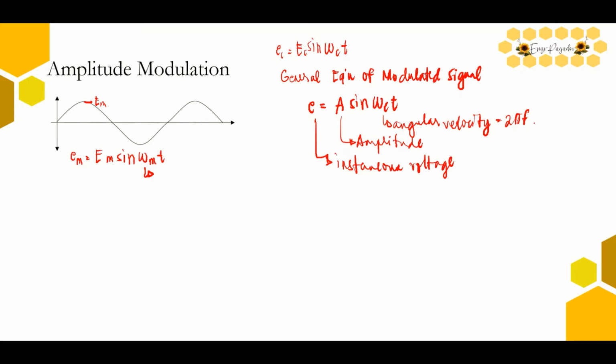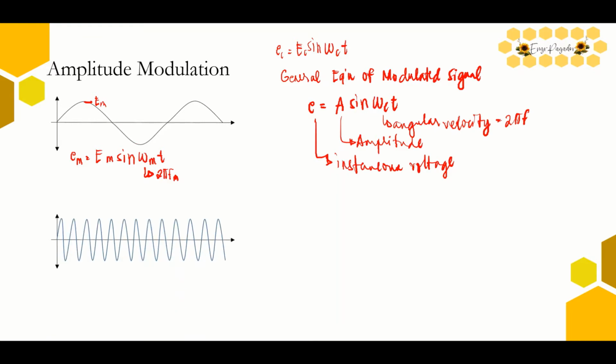What frequency will we use? Of course, the frequency of the modulating signal. So this will be equal to 2 pi f_m. That is the equation of our modulating signal.